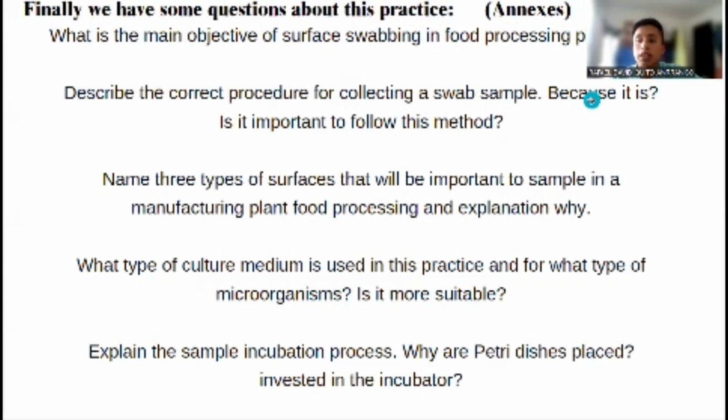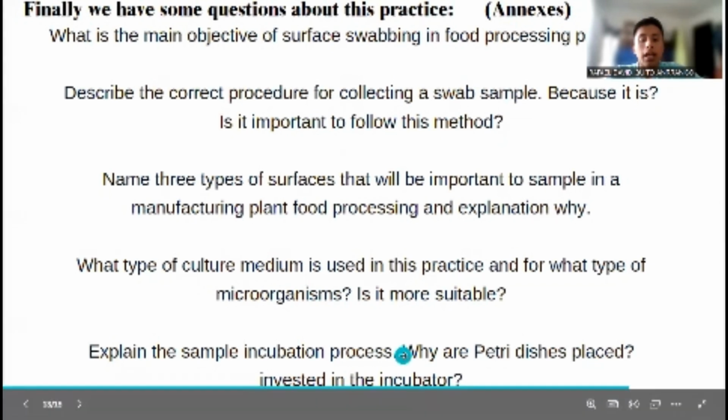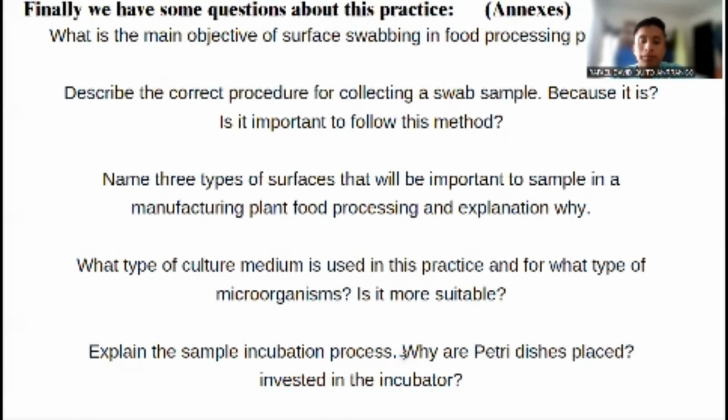The second question is: describe the correct procedure for collecting and washing a sample, and why is it important to follow this method? In this case, a correct hisopation guarantees the precision of the sample and gives reliable results. The tests are simple and must be prepared under aseptic conditions, ensuring that the sample is not accidentally contaminated with any other microorganisms.